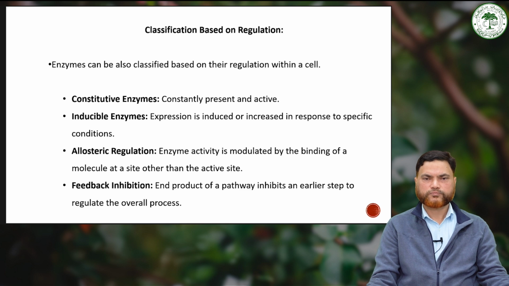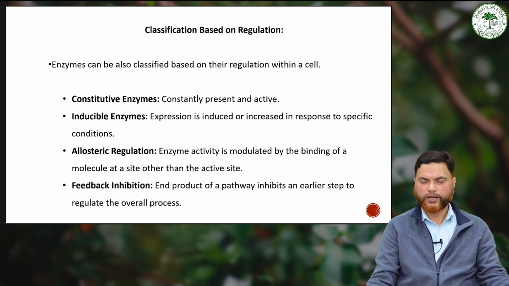So then inducible enzymes, for example, beta galactosidase, present in Escherichia coli, which is produced when cells are exposed to lactose. Under normal conditions, what happens? The expression of beta galactosidase is generally low, since lactose is not typically abundant in the environment.